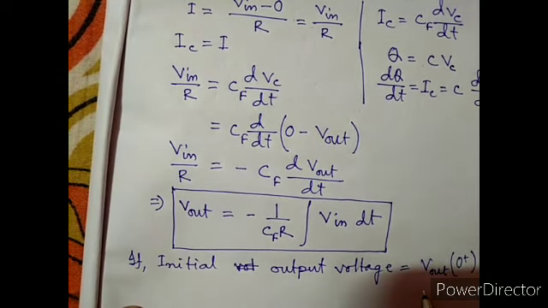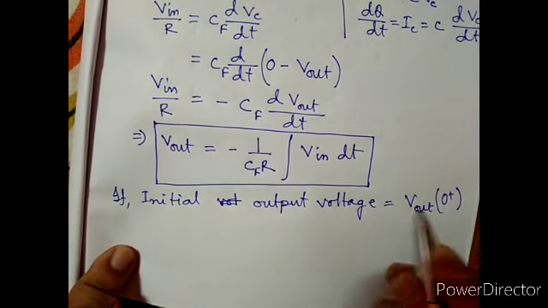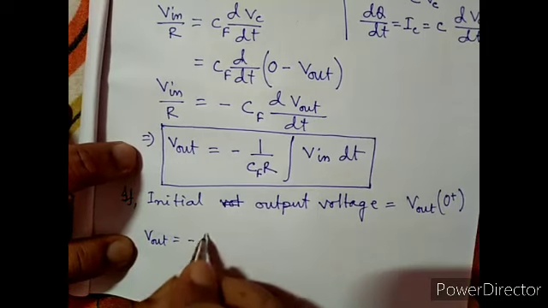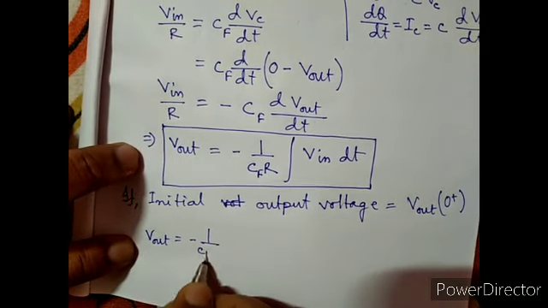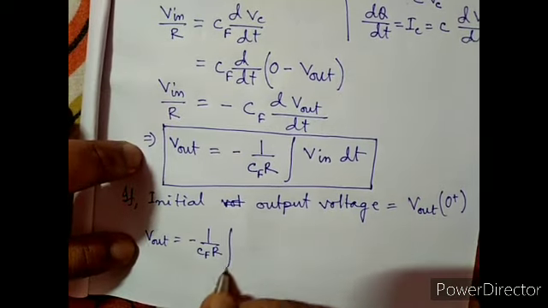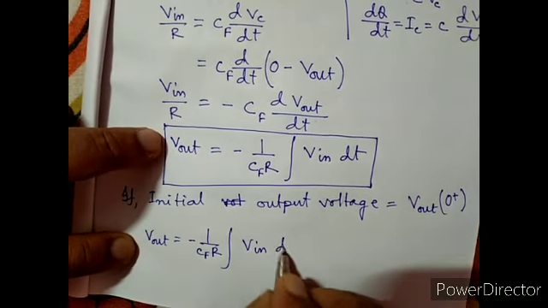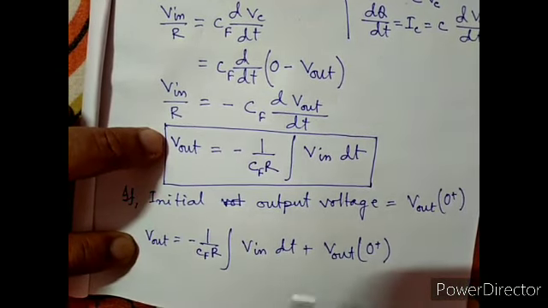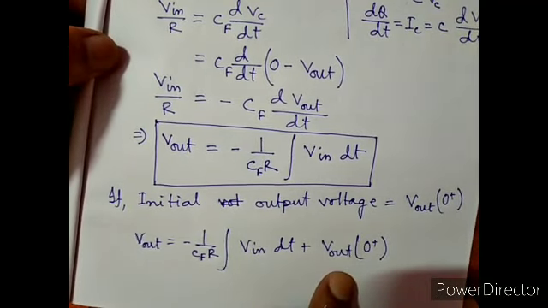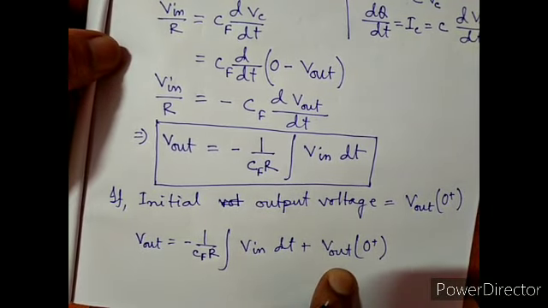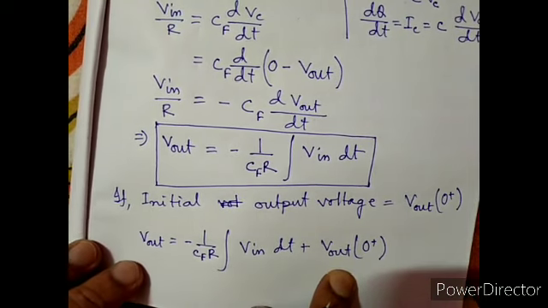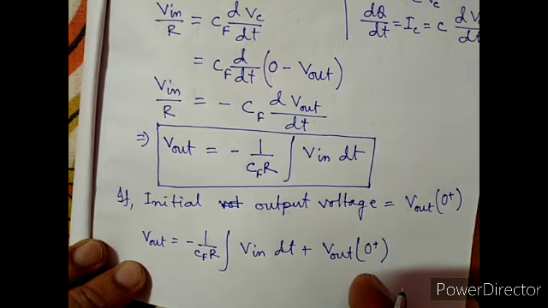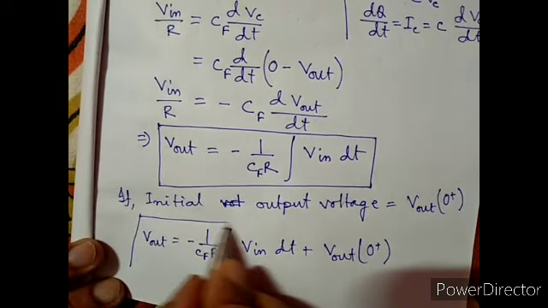If the initial output voltage is Vout(0+), then the final output voltage will be minus 1 by CFR integration of Vin dt plus Vout(0+). So if there is some initial output voltage, the final output will be the integration of the input voltage plus the previous output voltage.